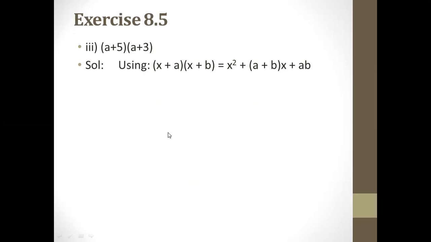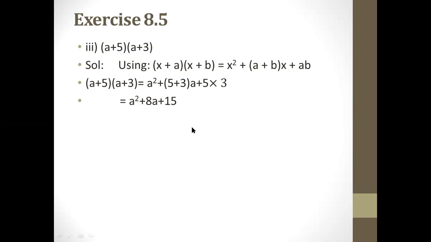The first term multiply with the first term, a square, then the second term added with the second term, 5 plus 3, multiply with the variable a, then plus the second term multiply with the second term. So 5 into 3, 5 threes are 15. So what we get: a square plus 8a plus 15.